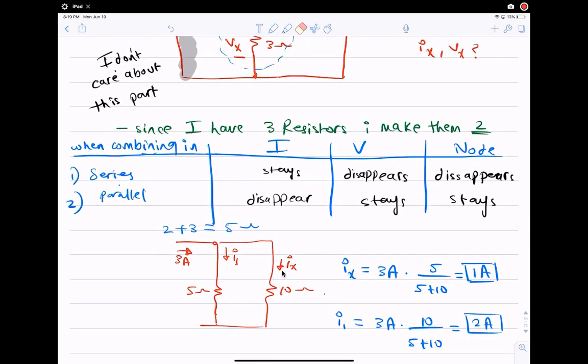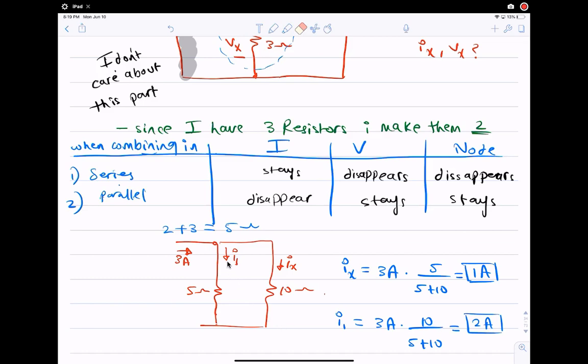I'm asked to find Ix first, so I would go ahead and apply the current division. 3 ampere times the other resistor, which is 5, over 5 plus 10, that gives you 1 ampere. I1, which is here, equals 3 ampere times the other one, 10 over 5 plus 10, which is 2 ampere.